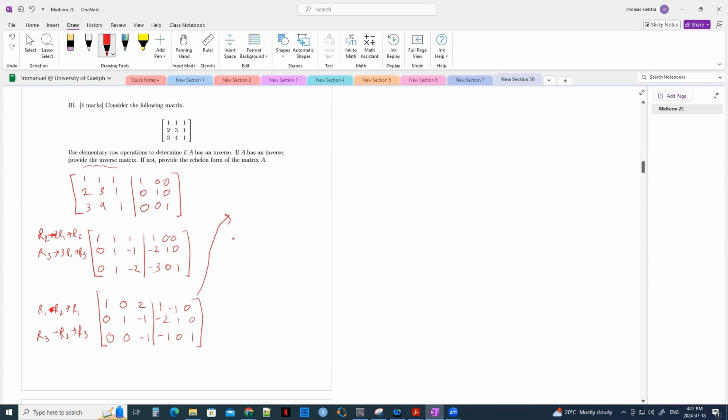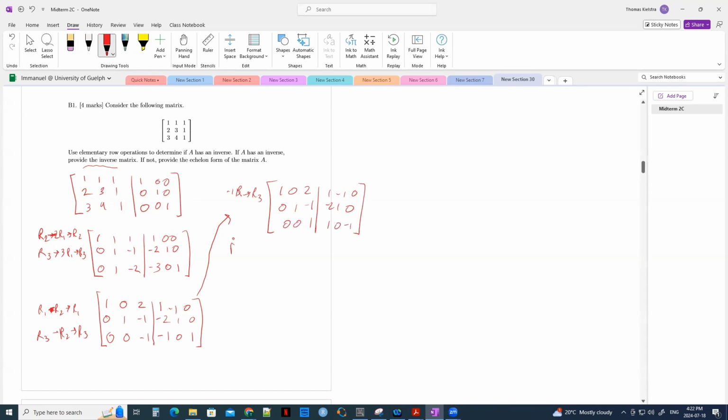Now I'm going to take minus 1 times row 3 to replace row 3 to give me 1, 0, 2, 1, minus 1, 0, 0, 1, minus 1, minus 2, 1, 0, and 0, 0, 1, 1, 0, minus 1.